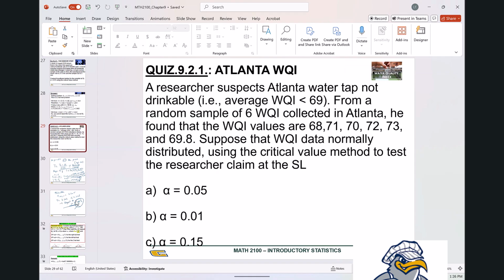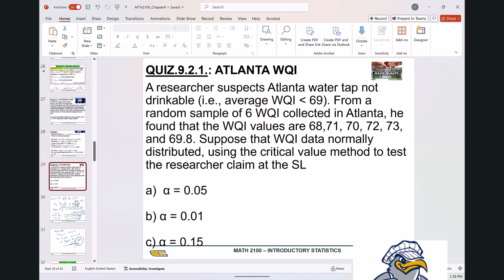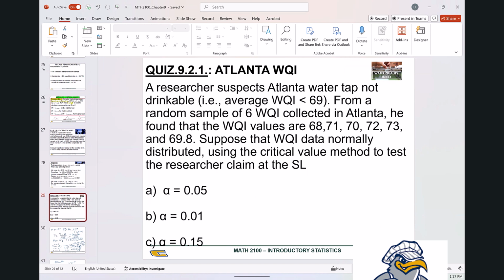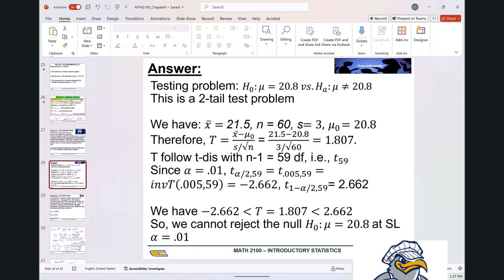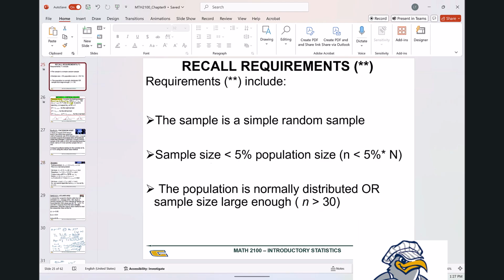So here, in order to apply the theorem, we need to check condition 2 star. Did we check it here? Oh, we forgot to. You need to look at it: the random sample is typically satisfied, and the sample size is less than 5% of the population size for both the Facebook and the water quality index.